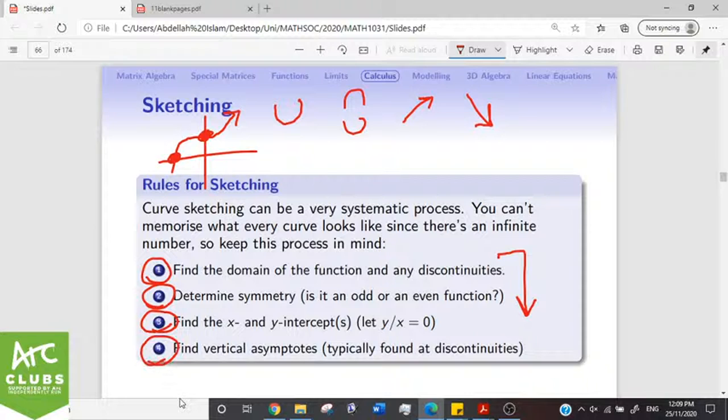Finding vertical asymptotes. If your graph isn't defined somewhere, so for example tan, knowing where tan approaches infinity is really helpful, because this is pi on 2, right? So we can use this as a guide when we're drawing tan. Knowing these asymptotes is really cool.